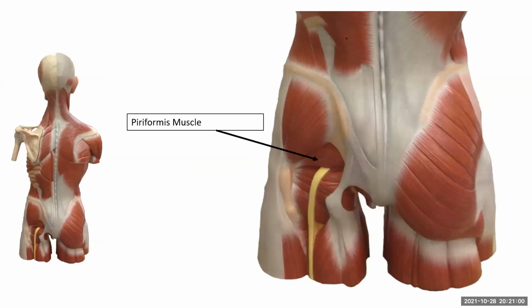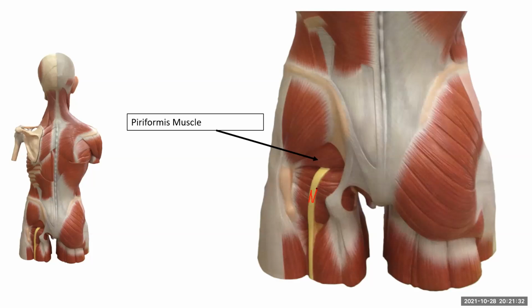Right below, or inferior to, gluteus medius is the piriformis muscle. Now this model is nice because it shows you the sciatic nerve. This is yellow, in case you can't tell. The sciatic nerve is inferior, or right below, the piriformis muscle. In a small percentage of people, I can't remember if it's 1 or 3%, the sciatic nerve can pierce right through the belly of piriformis.